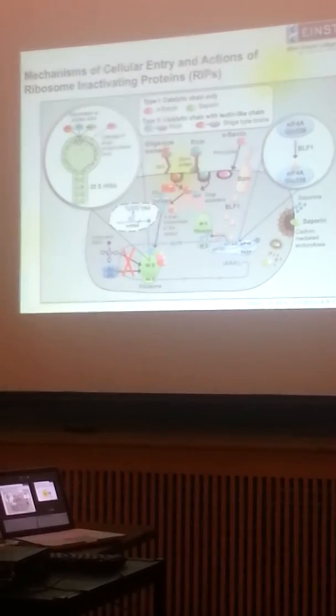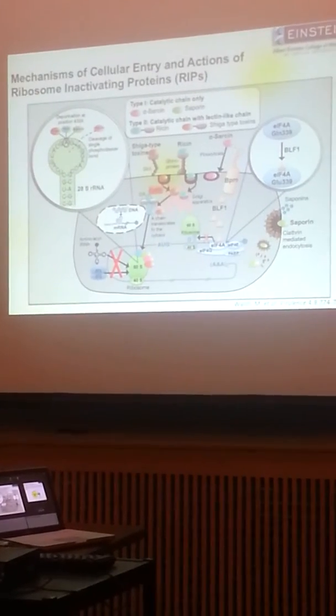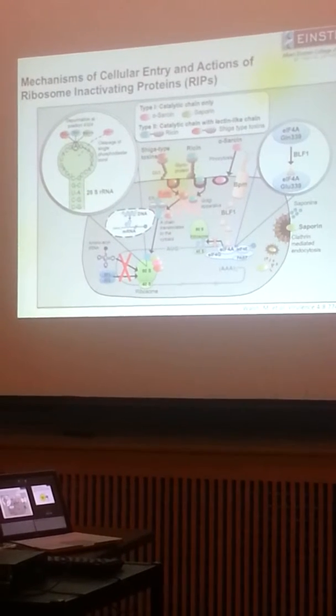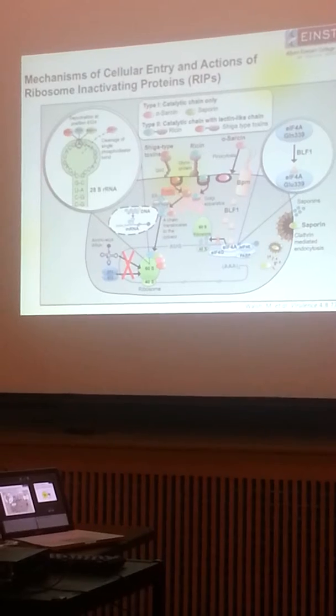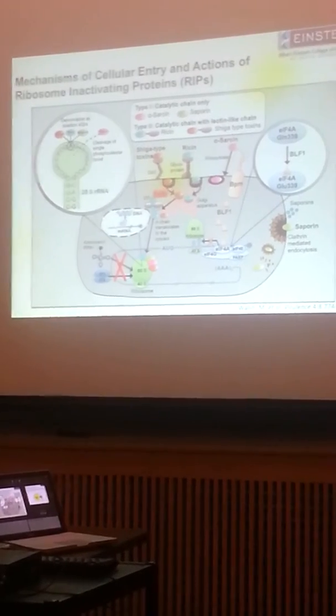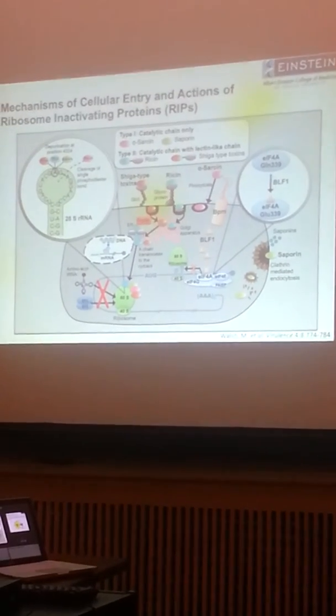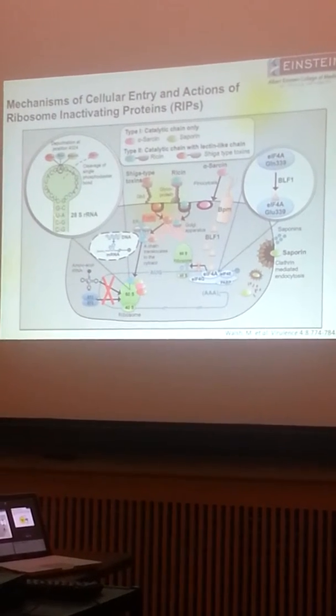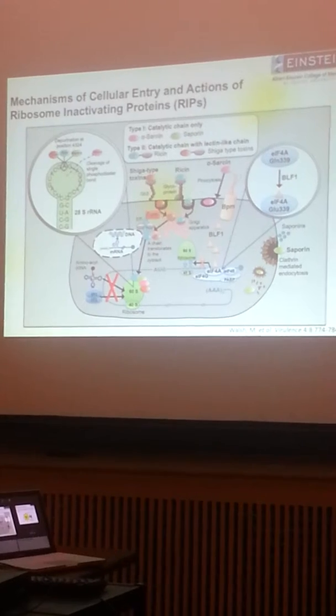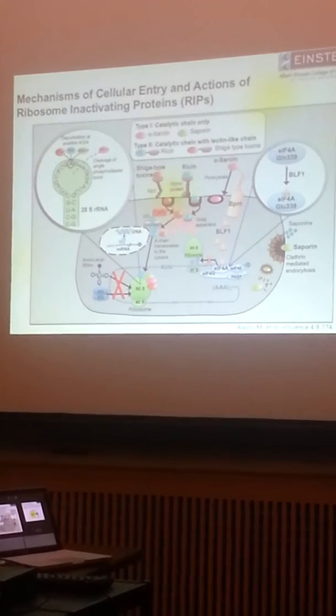They also use different mechanisms to enter the cell. Type 2 delivers into the cell by binding the B chain to glycoproteins. After translocating to the Golgi and ER, the A chain and B chain separate, and only the A chain is delivered to the cytosol.